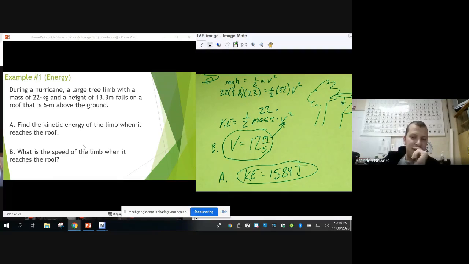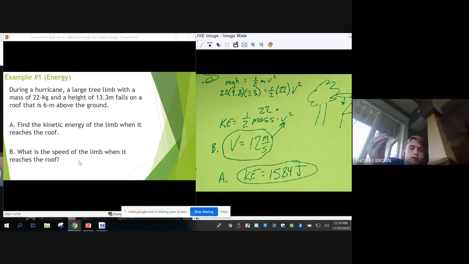Are there any questions on that problem? Yes. So on A, I know we solved for velocity because that's what we needed to do for B, but for A, if it was just A, couldn't you just, since we already know all the variables for the initial potential energy, multiply that out?